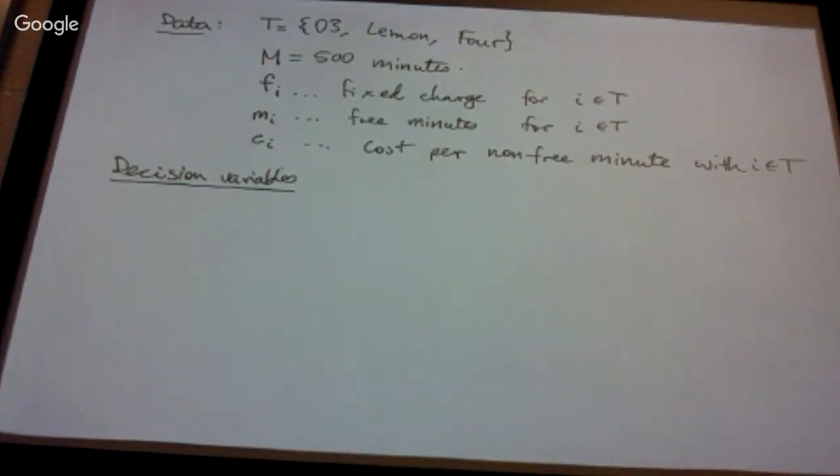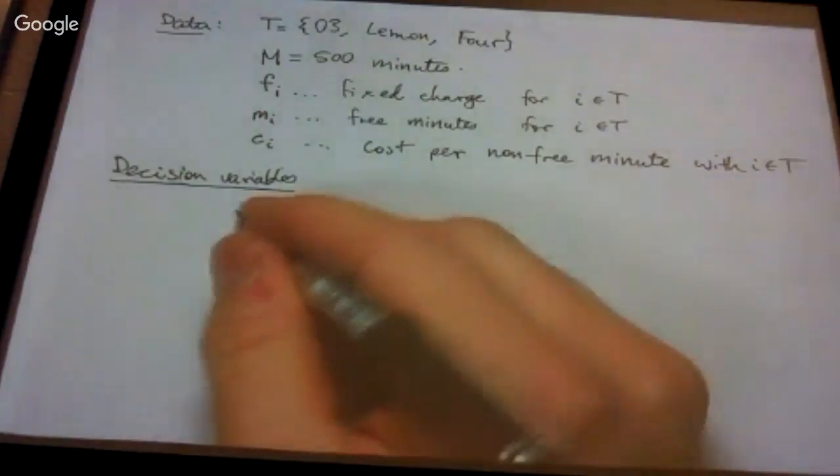Any suggestions about decision variables? George? X1, X2, X3 for each of the phone companies, whether you choose it or not.